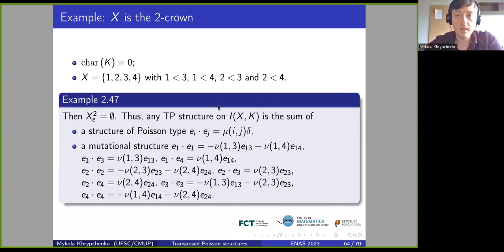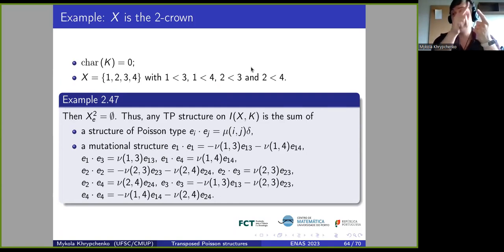Another interesting example is the so-called 2-crown. This is a 4-element poset. It has 2 minimal elements, 2 maximal elements, and any minimal element is less than any maximal element. So you have 4 relations.